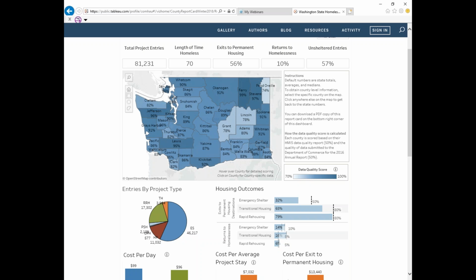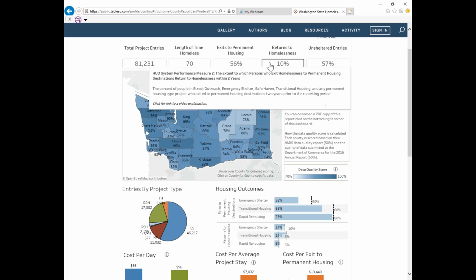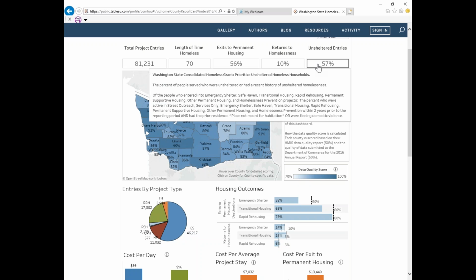Okay, I was gonna say. Well, we've thought about that, and the problem with doing it quarterly is we could do the more general performance, like the length of time homeless, permanent housing exits, and returns quarterly. But the unsheltered analysis is so intense that I don't think it would be possible to do quarterly.